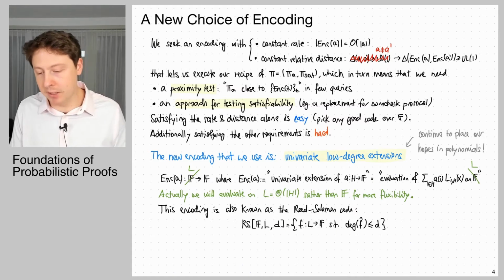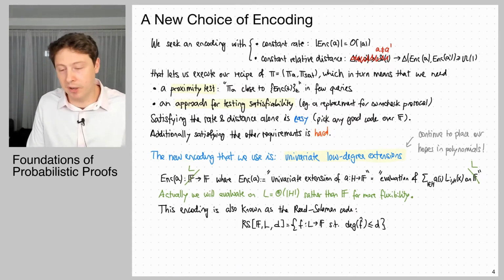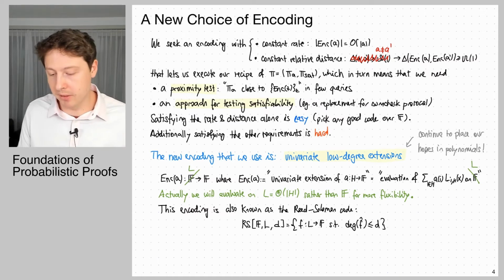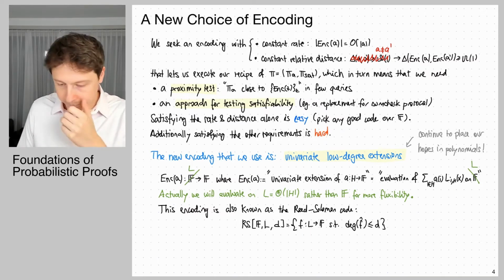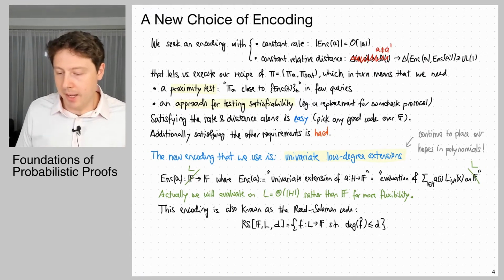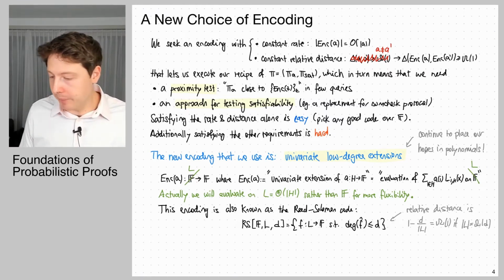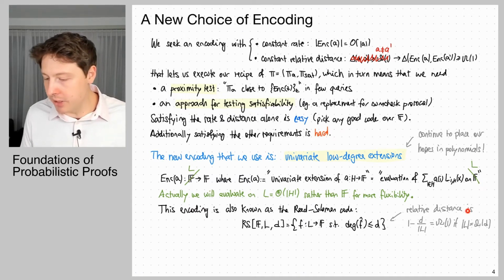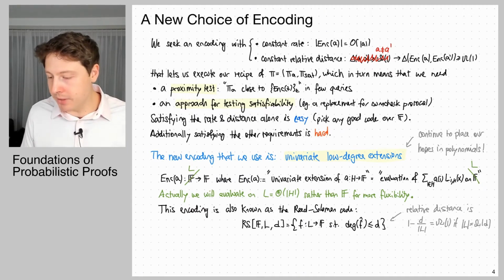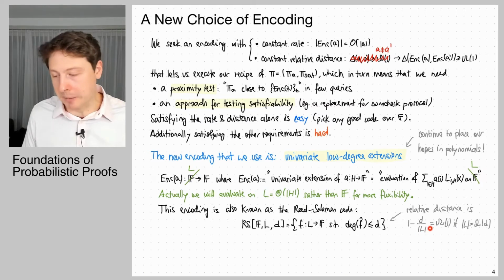This is a set of valid encodings. These are all the functions that, over the evaluation domain, if you interpolate them, you get the right degree. Crucially, the relative distance of this code is 1 minus degree over the size of the evaluation domain. Why?